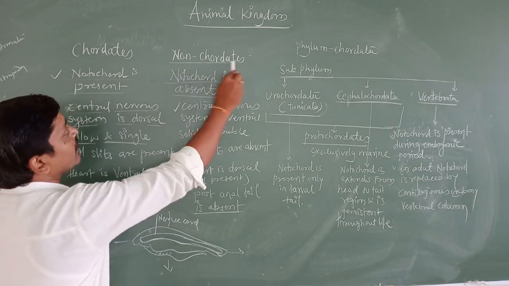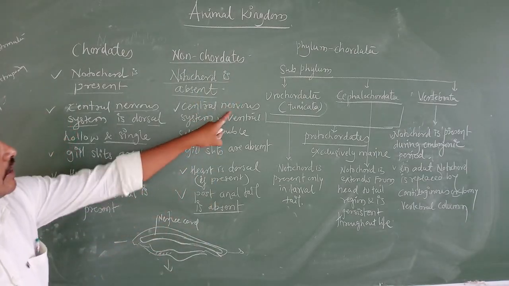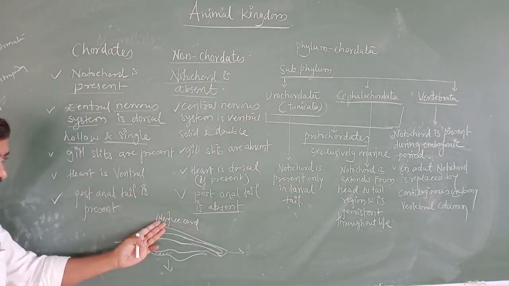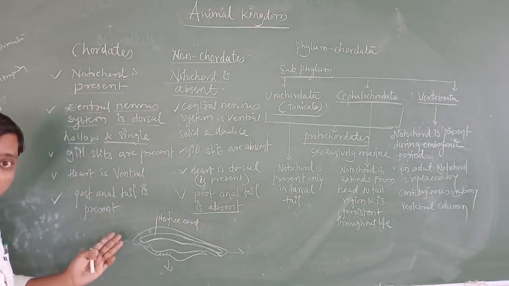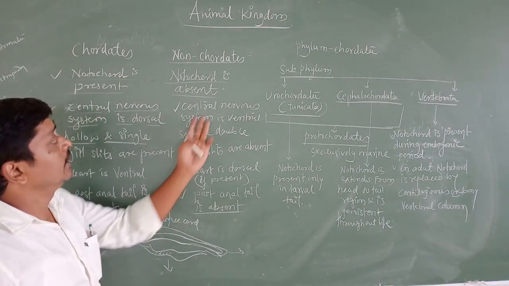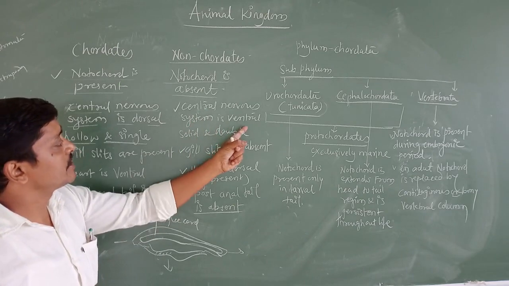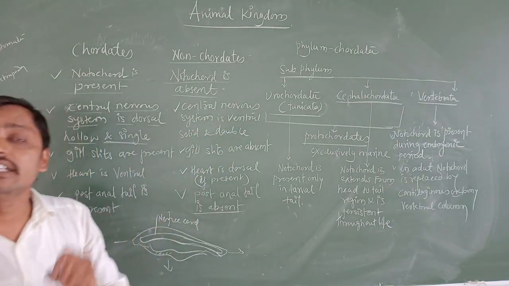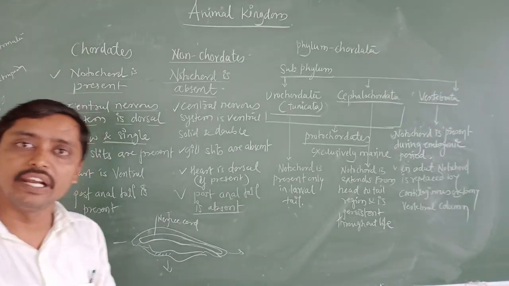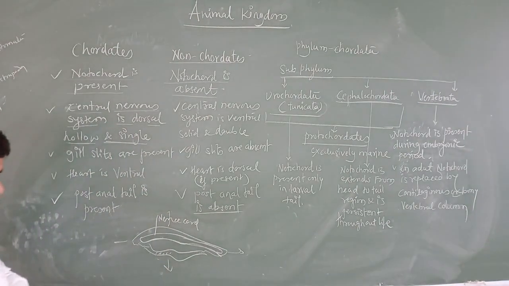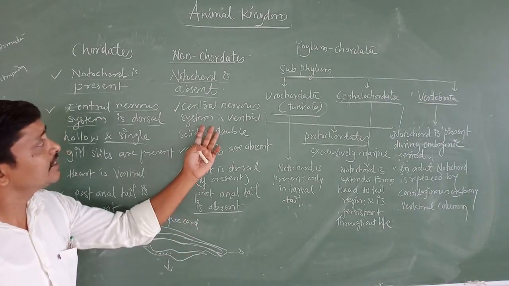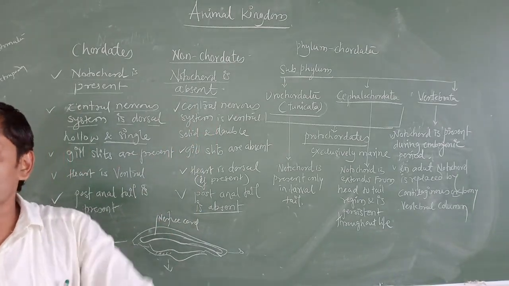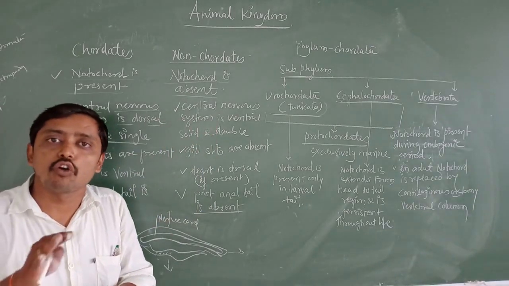And for the non-chordates, the central nervous system is ventral, solid and double. Ventral means below. Here you can consider the cockroach.